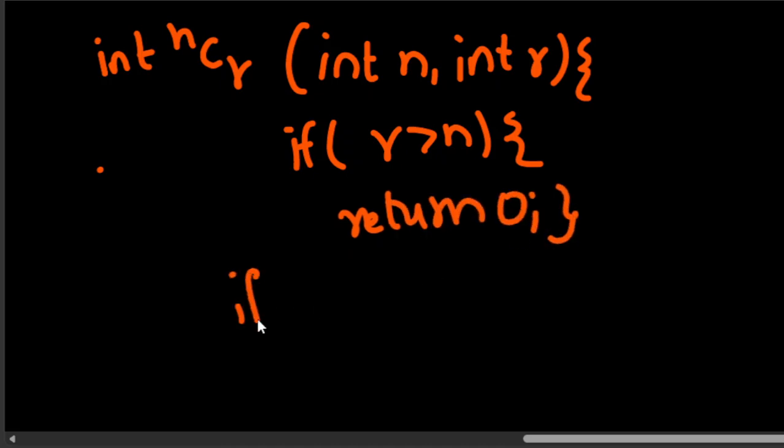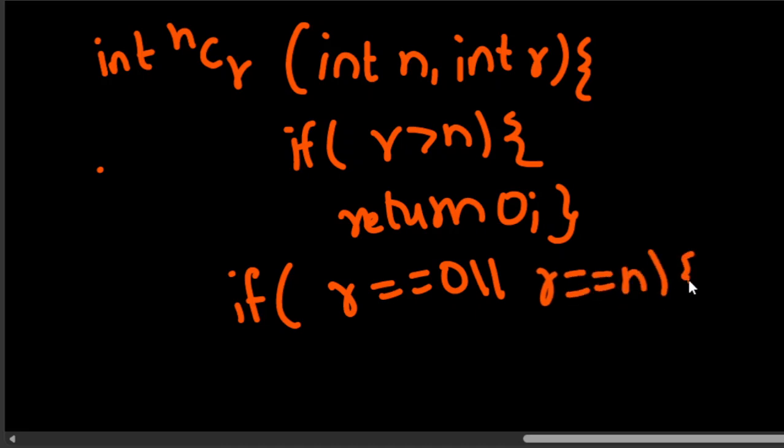It's not possible. And if r equals 0, I don't want to choose any, or for example I want to choose all of them, like if r equals n, 5 unte 5 choose chesukovalanukunte, r equals n, then there is only one way, so return 1. So these are base cases.